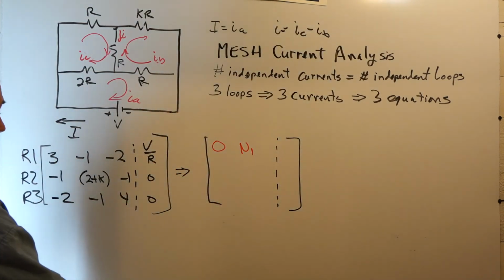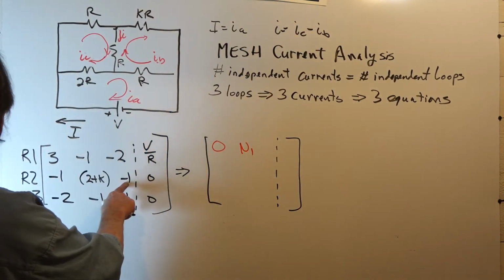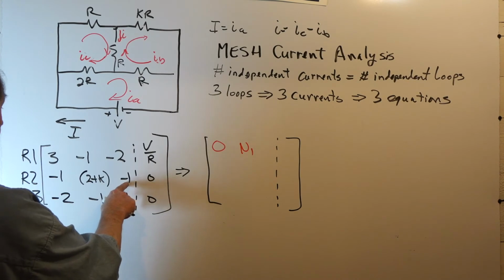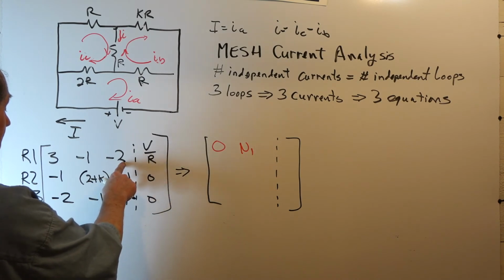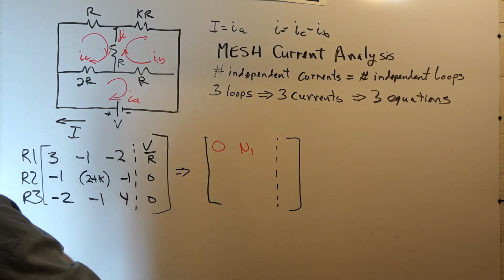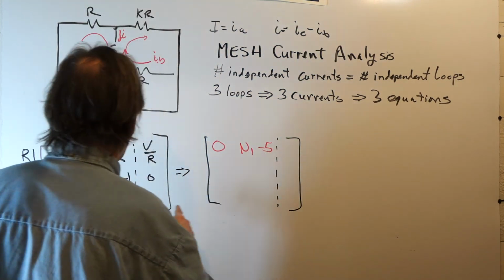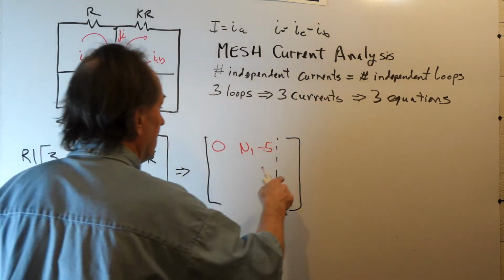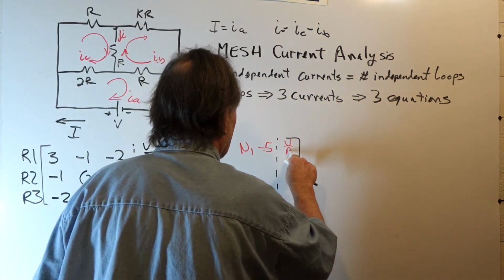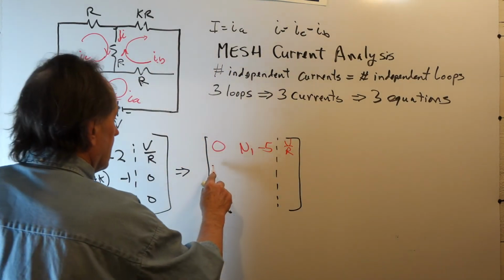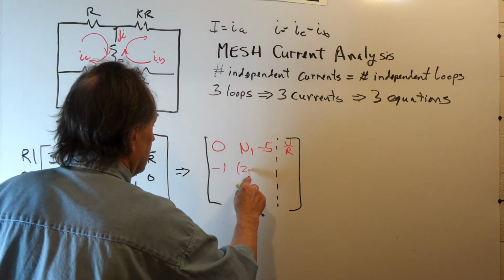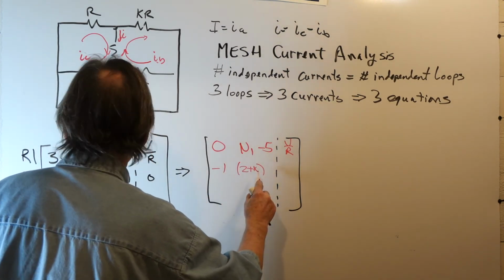I'm not going to carry it all through. And then 3 times minus 1 added to minus 2 gives us a minus 5. And then 3 times 0 added to v over r just becomes v over r. I'm not doing anything yet with this row. We'll keep it the same.